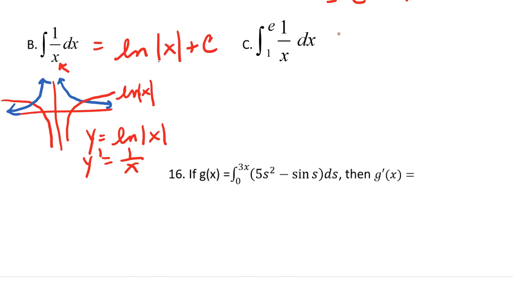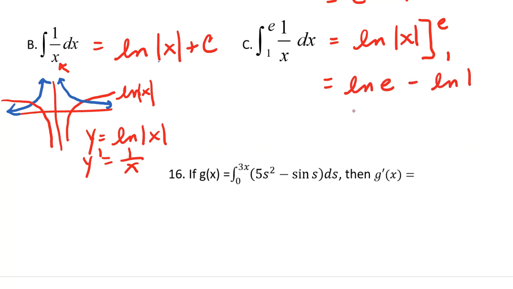All right, here we don't so much worry about the absolute value if we're going to put in positive numbers anyway. Kind of takes care of itself. So this is the natural log of e minus the natural log of 1. So the natural log of e is 1, and the natural log of 1 is 0.